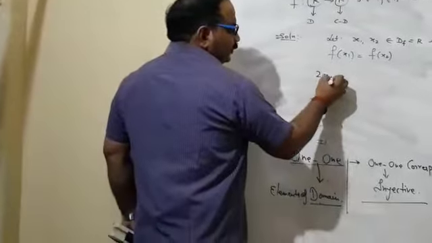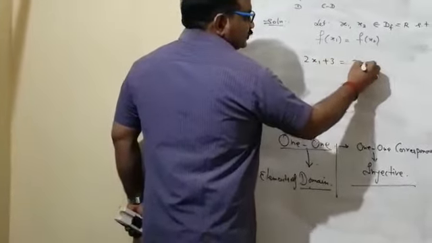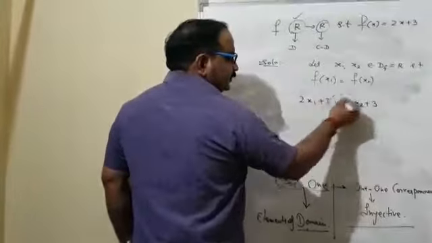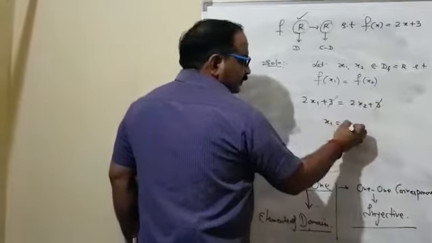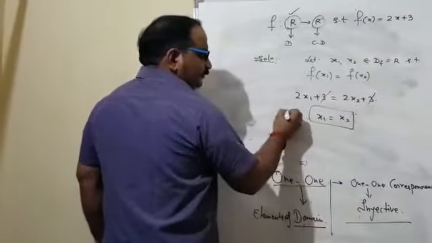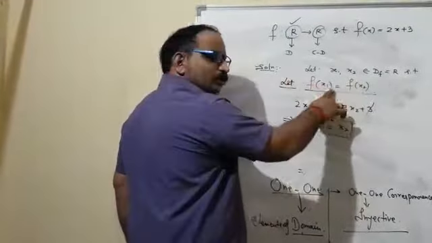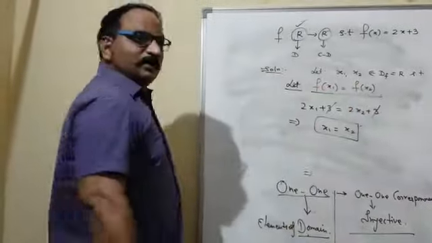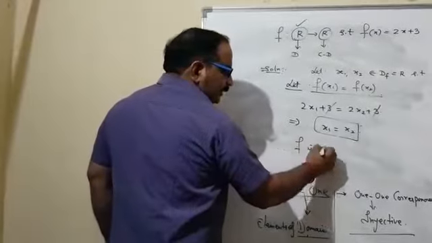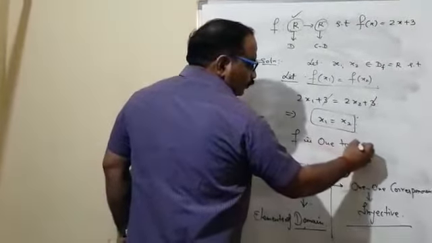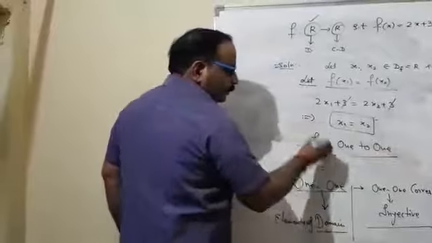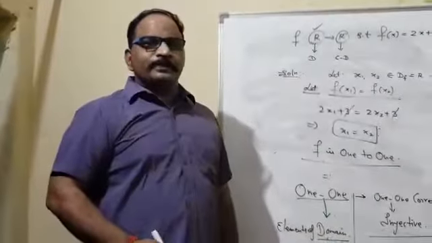This is 2x1 plus 3, and this is 2x2 plus 3. The 3 and 3 cancel out, and similarly x1 equals x2. Very simple. The images were equal, and then the elements are equal. If we do this, then f is 1-to-1. That's all.